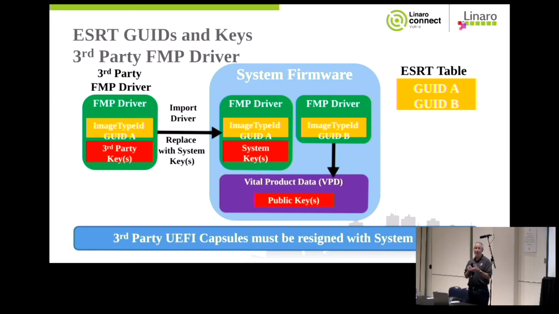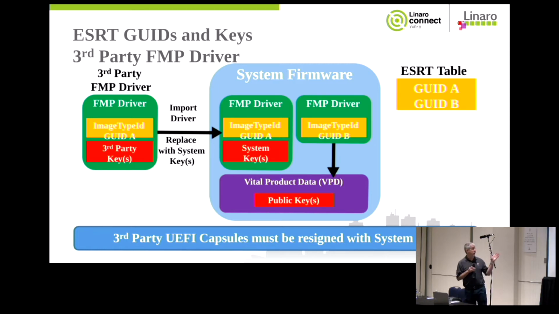So by replacing the keys with your system keys, what you're saying is, I'm not letting that third party into my platform. By default, I'm going to validate first, and if I validate their new capsule, I will resign their capsule, and then I will publish a new capsule available for my platform signed with my keys, such that then my end users will get that firmware update.